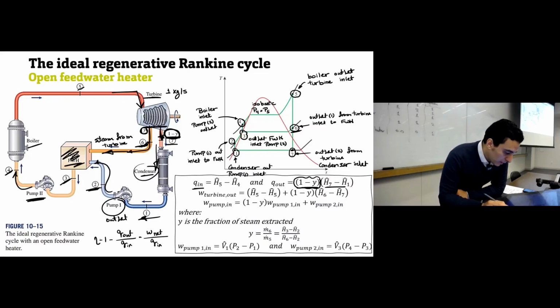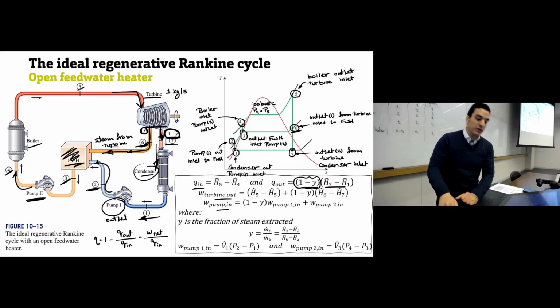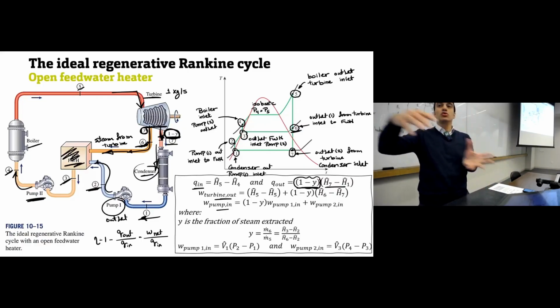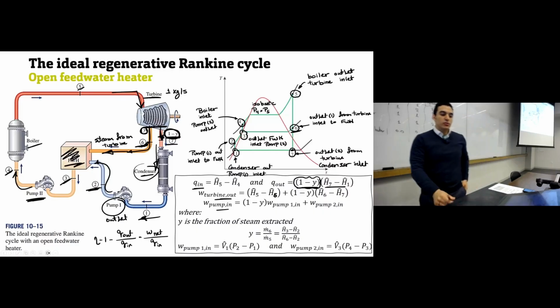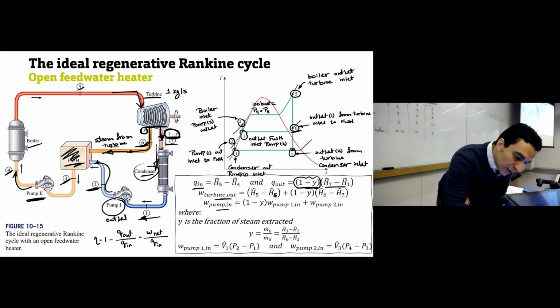For the turbine outlets and the pump inlet, we also have some changes, because in the turbine we have expansion in two stages. If you need to find the amount of work output from the turbine, it will be H5 minus H6.